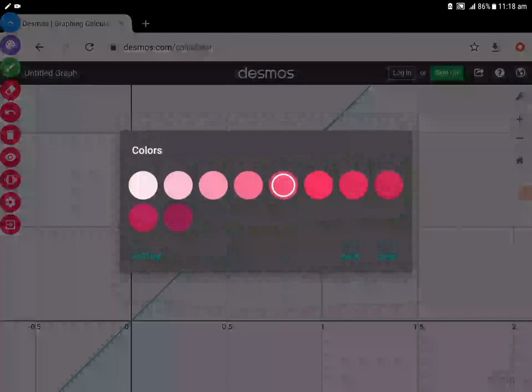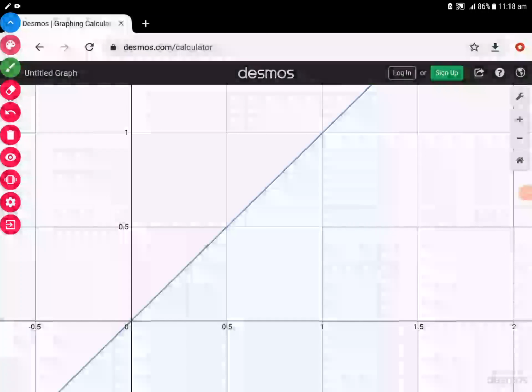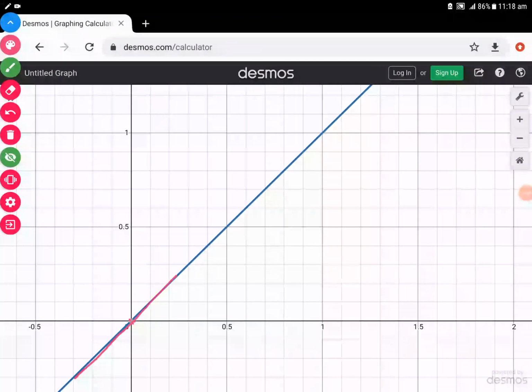In this case, at point 0, this is the tangent. At point 0.5, this is the tangent. At point 1, this is the tangent. You see that for a straight line, the slope of the tangent is the slope of the straight line itself.